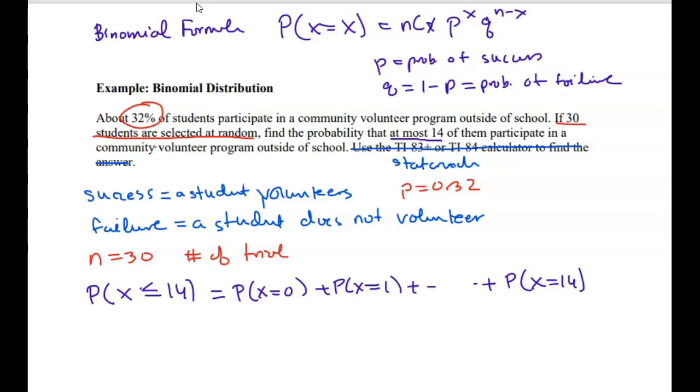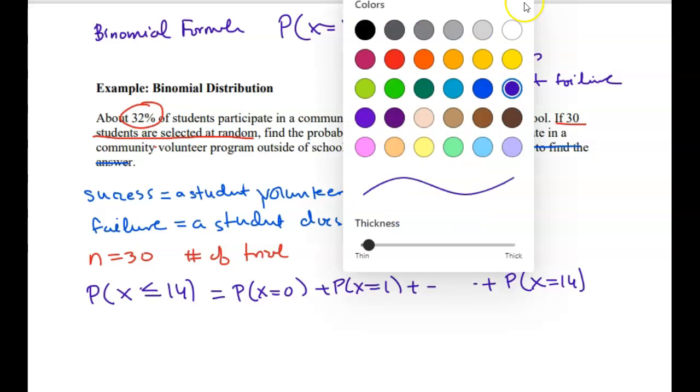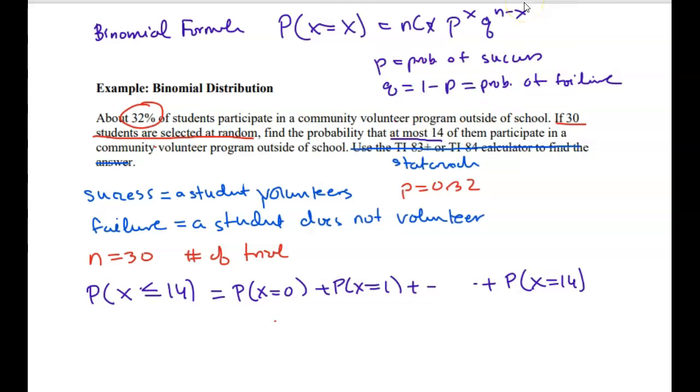For example, for x is 0 here, to use that formula, I go 30 choose 0, times 0.32 to the 0, times q, which is 1 minus 0.32, or 0.68, to the 30.